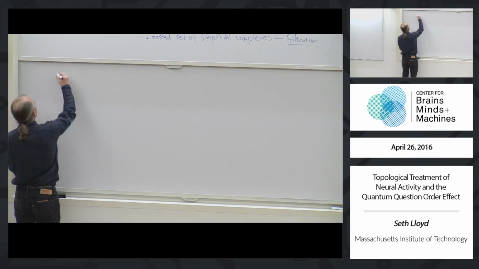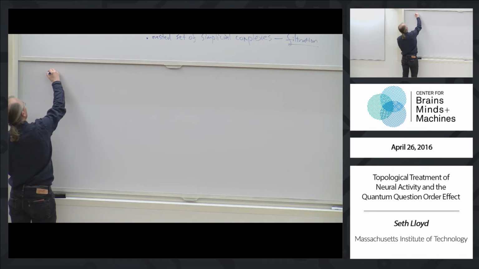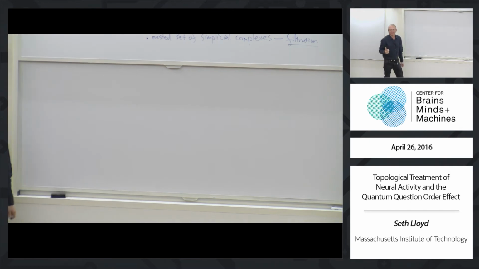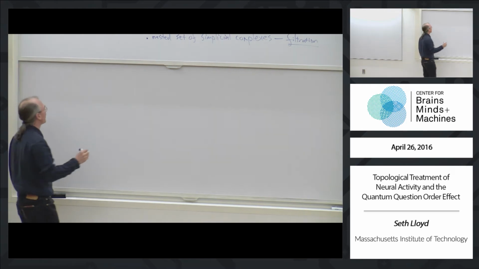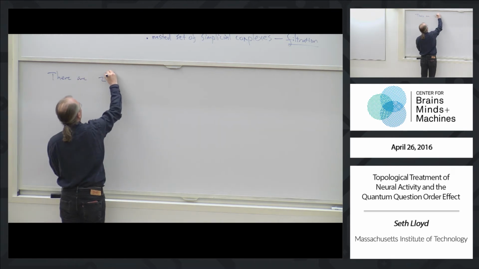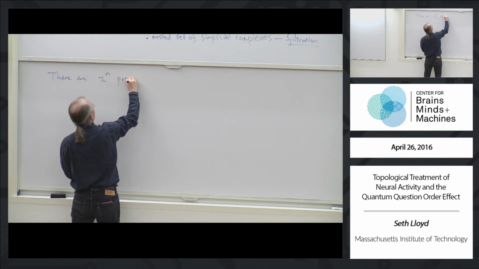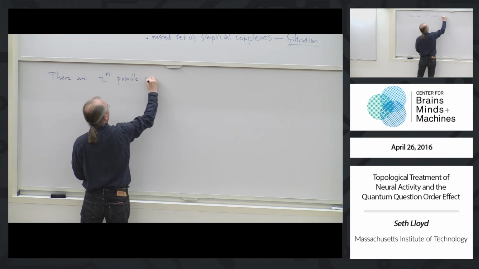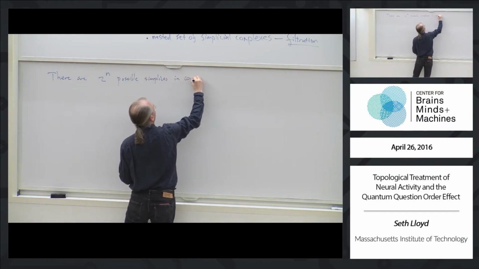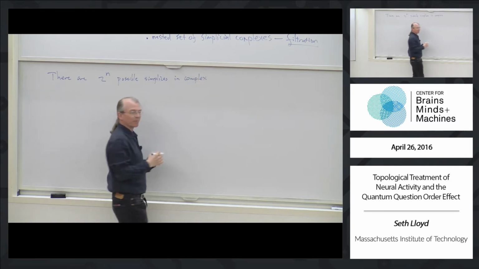Now, so let's start counting, all right? The counting is going to get scary, but let's do this counting. So I claim there are 2 to the n possible simplices in the complex. So at any point, there will be some number less than 2 to the n.